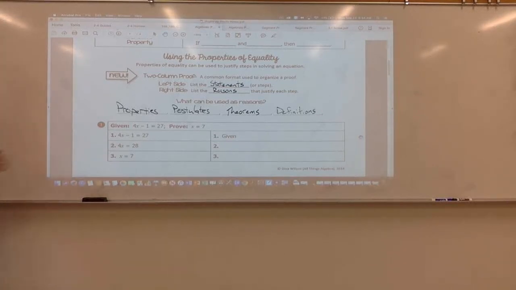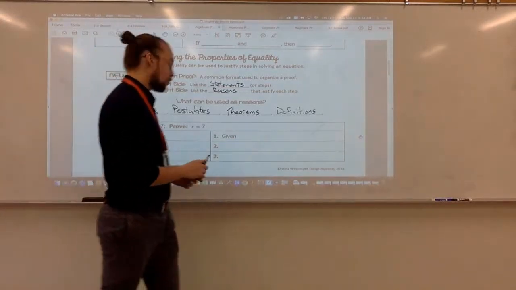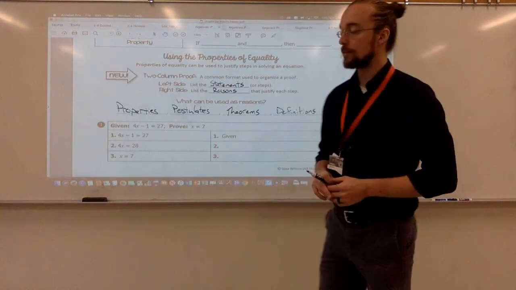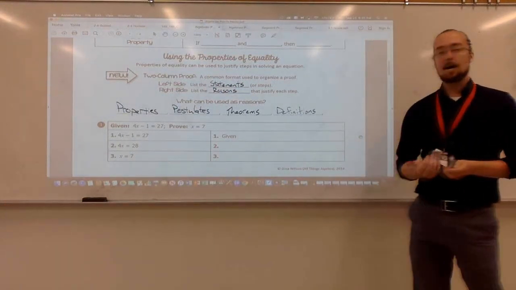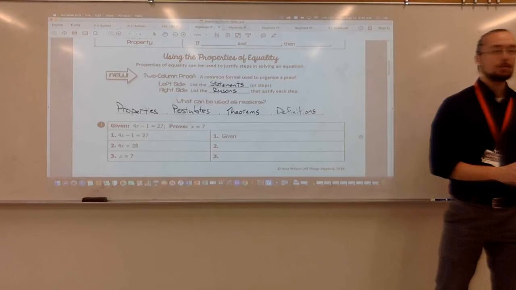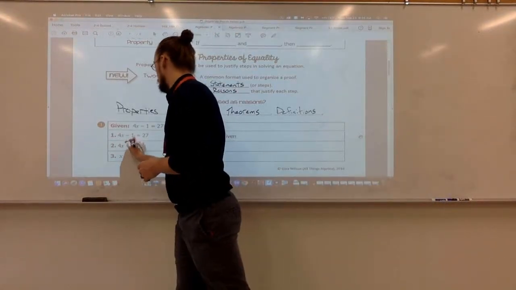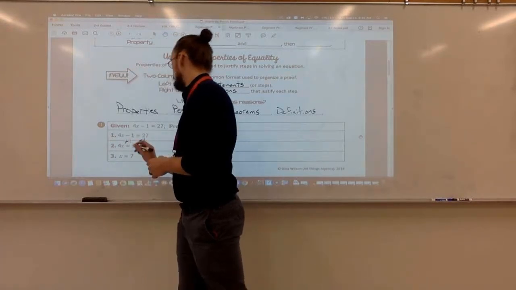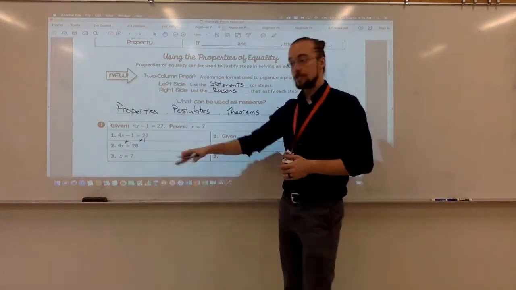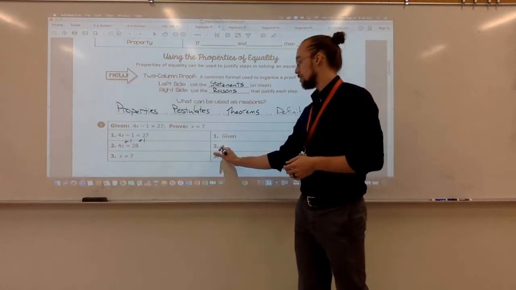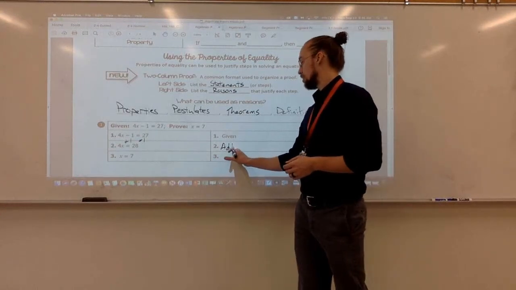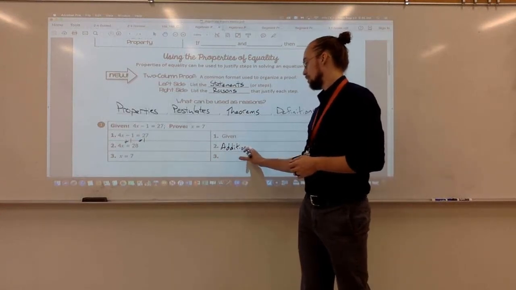Now, what we want to look at is how I got from one step to the next. The equation I'm starting with is 4x minus 1 equals 27. What would be my first step to solve that equation? Add 1 to both sides, right? And we can write that in here. So we're adding 1 to both sides of the equation, so the reason would be the addition property.